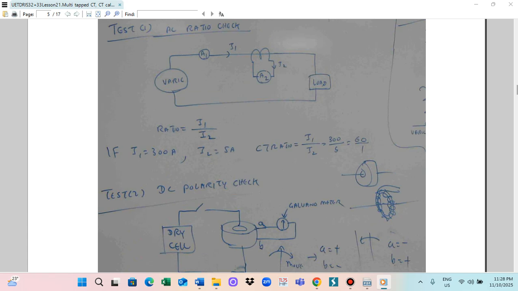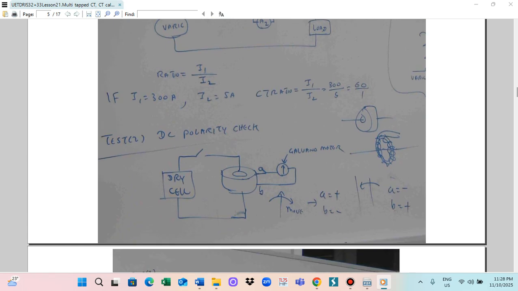So another one is the DC polarity test. So test two is the DC polarity test. DC polarity test means this is how we connect the dry cell.